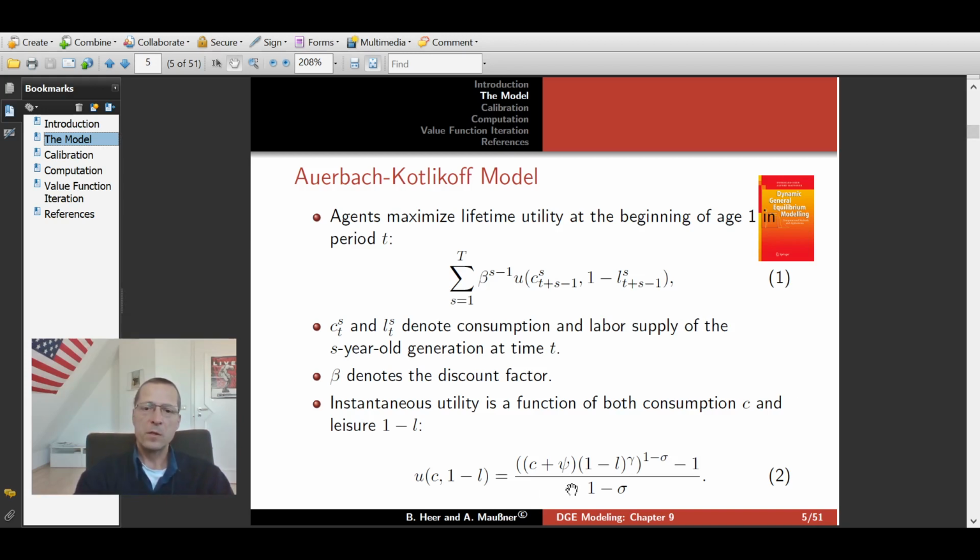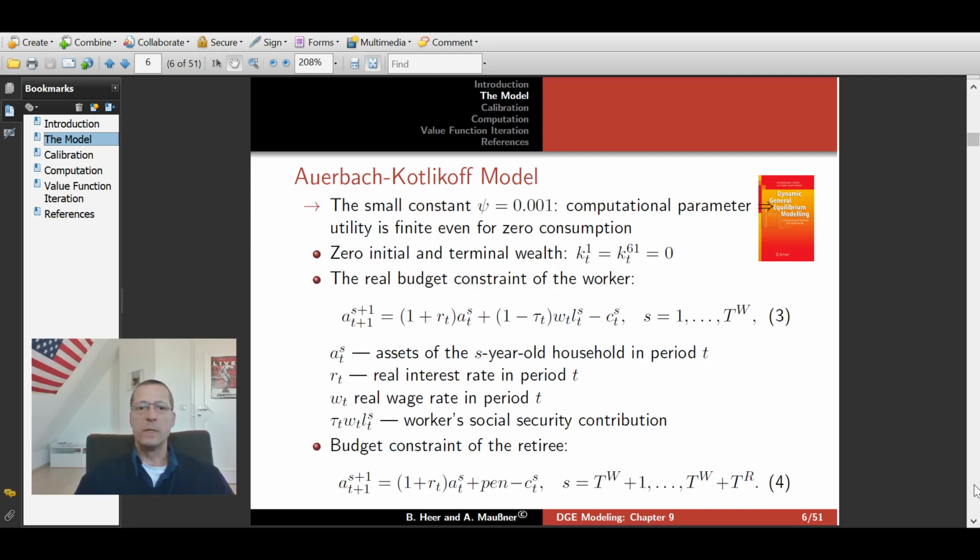And we added this constant, psi, to consumption, to allow for the computation of the special case where income is 0 and we consume c equal to 0. Then our algorithm does not fall apart because we do not have to consider a negative number or 0 to the power of minus 1. We have a budget constraint at young age.